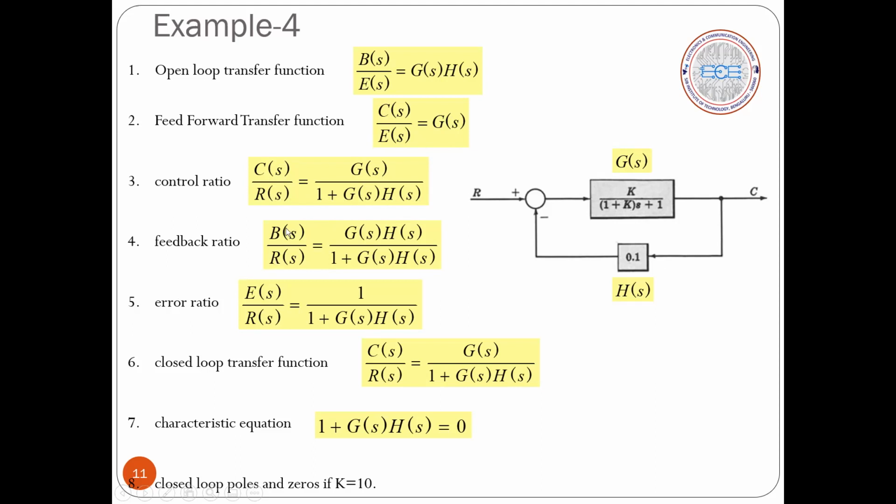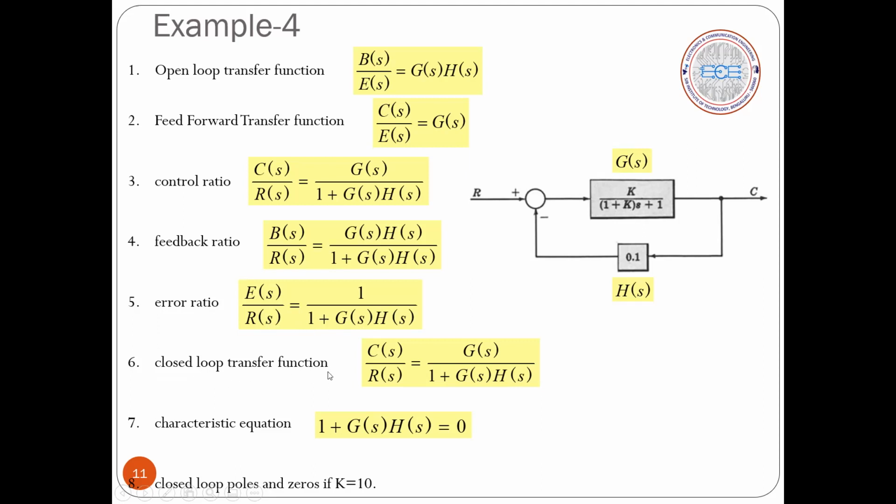So the feedback ratio, again, is B(s) by R(s), the expression we have seen. Sorry, the error ratio, E(s) divided by R(s), is equal to 1 divided by 1 plus G(s) and H(s). Because I have minus here, I have plus here.